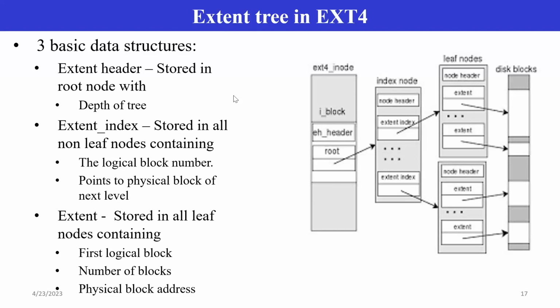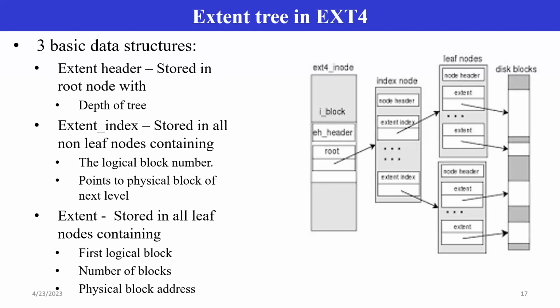Please explain how an extent tree of depth 2 looks. This is actually depth 2, because all the leaves are at this level, and there is one more level above. So depth 3 will have one more on top of it. It depends on how we consider the leaves. If we consider leaves as depth 1, then this is depth 2; otherwise this is depth 1.